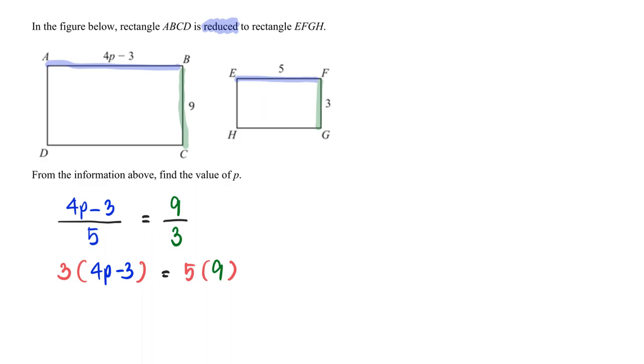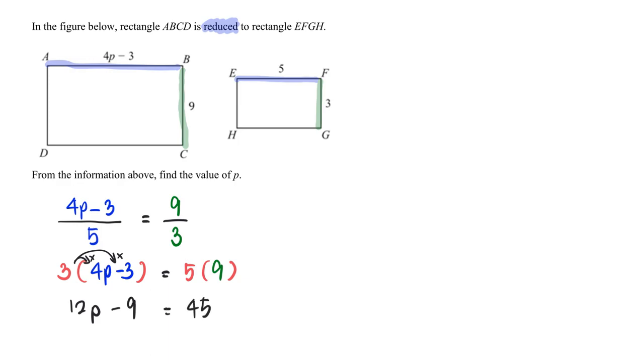And after which, then we can continue to solve this equation. The next step would then be to expand and simplify. I would have 12P minus 9 equals 45.